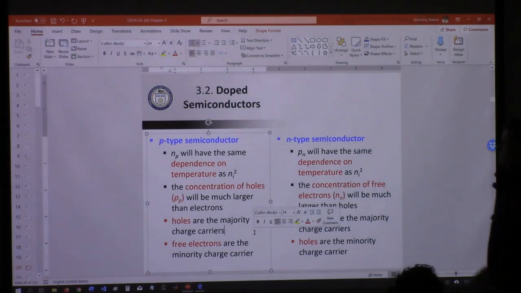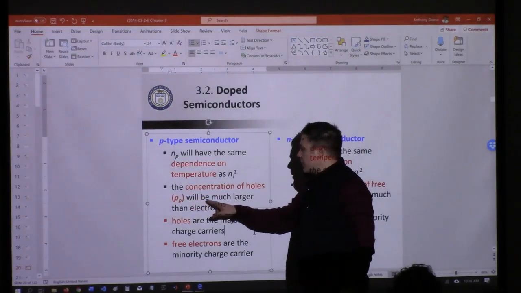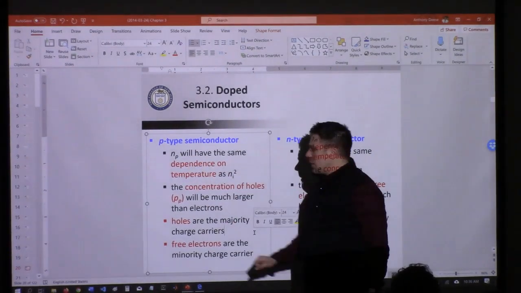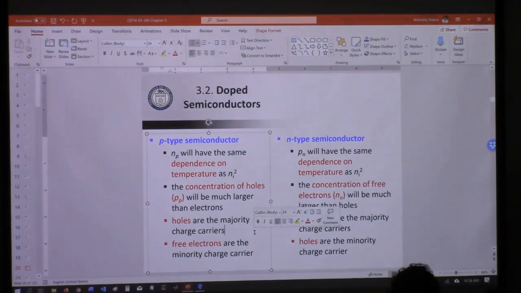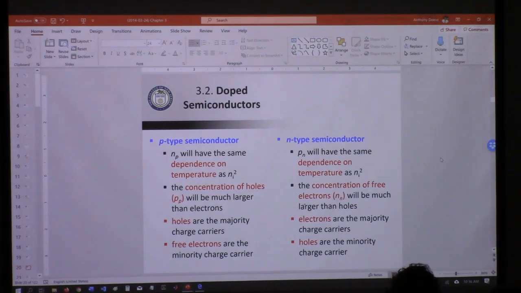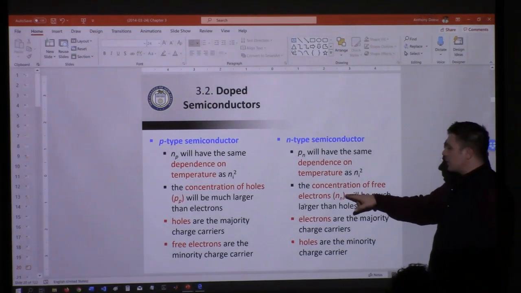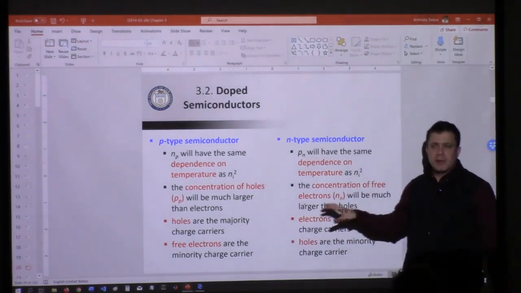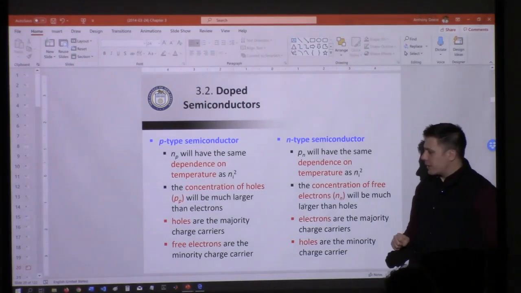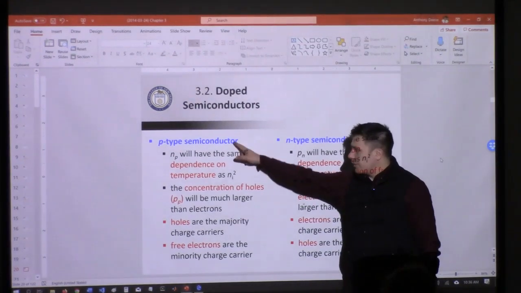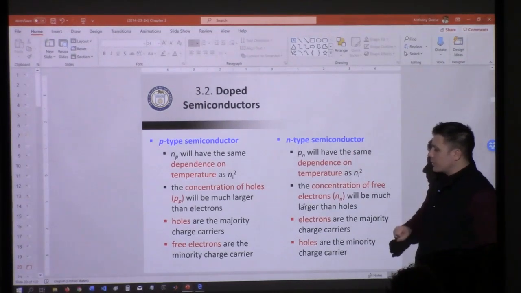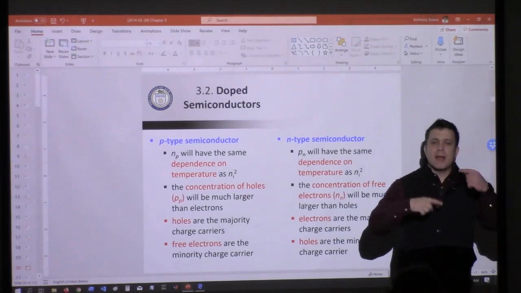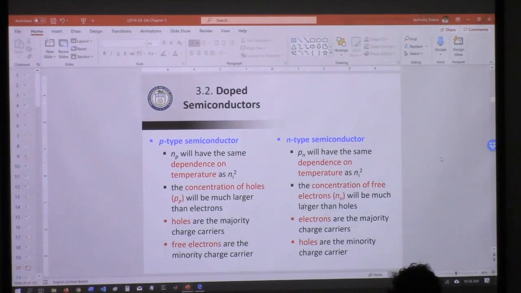So the concentration of majority charge carriers, P sub P, will be much greater than the free electrons, which is N sub P. Over here, the concentration of free electrons will be much greater than holes. Again, for both of these, concentration of majority charge carriers will be greater than the concentration of minority charge carriers. Holes are the majority charge carriers, free electrons are the majority charge carriers, and then vice versa. Whatever is the majority charge carrier, the opposite is the minority charge carrier.